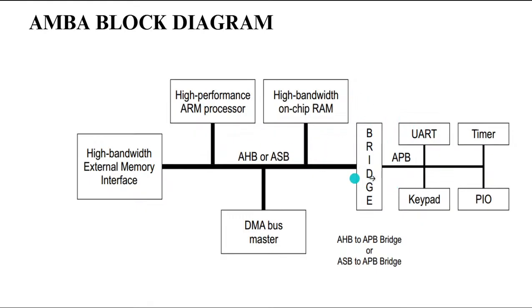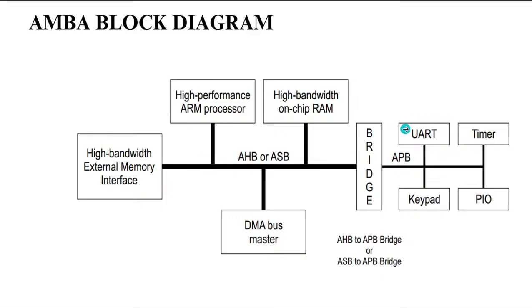So APB comes under the on-chip protocol, while UART is an off-chip protocol. So UART takes the off-chip data from the sensor, and then the sensor data has to be given to the processor core by using the APB protocol. So the APB protocol makes communication between the peripheral devices.